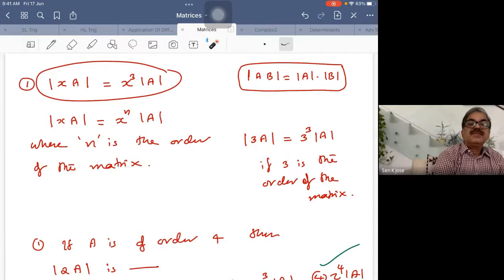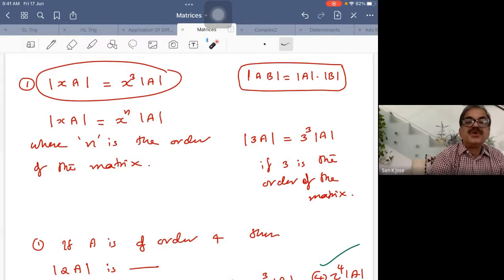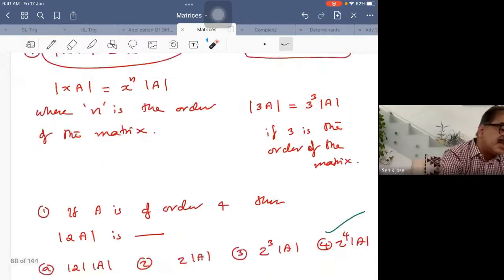Okay, Neha, tell me. So it will be 2 raised to 4 into determinant of A. It will be 2 raised to 4 into determinant of A. Okay, please write it down.